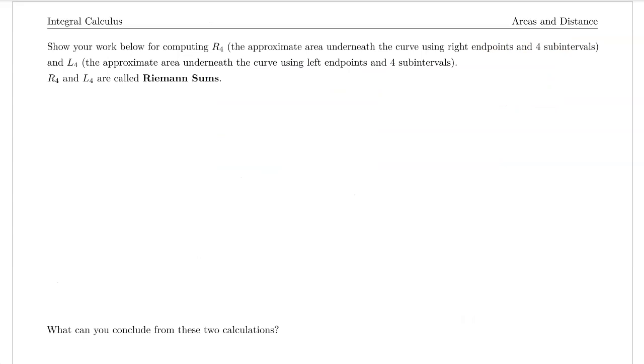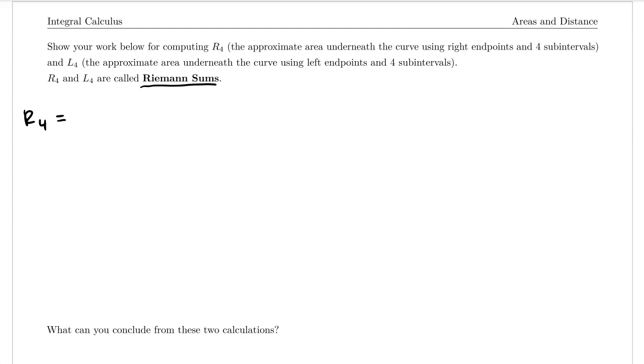Okay, it says show your work below for computing R4, which is the approximate area underneath the curve using right endpoints and 4 subintervals, and also L4, which is the approximate area underneath the curve using left endpoints and 4 subintervals. R4 and L4 are called Riemann sums. So let's go ahead and calculate R sub 4.